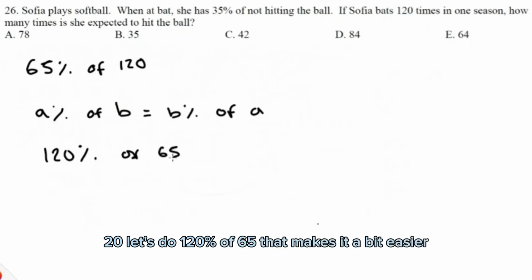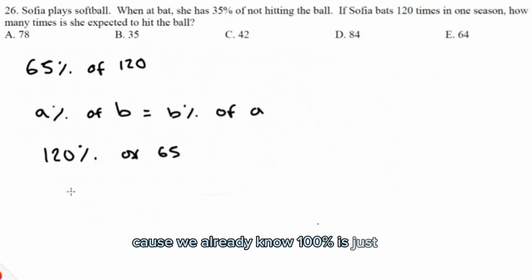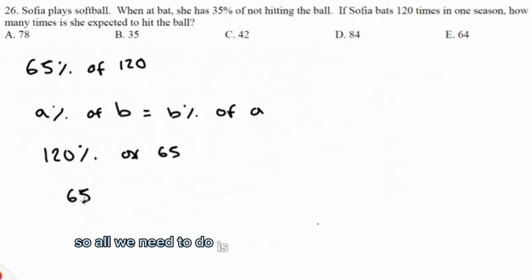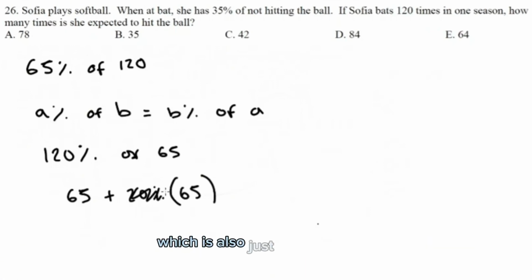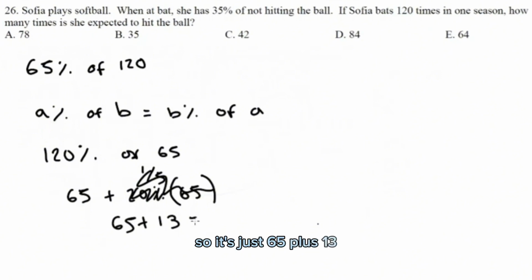That makes it easier because we already know 100% is just 65. So all we need to do is 65, which is 100%, plus 20% of 65, which is 1/5 of 65. 1/5 of 65 is 13. So it's 65 plus 13, which is 78, and that's your answer.